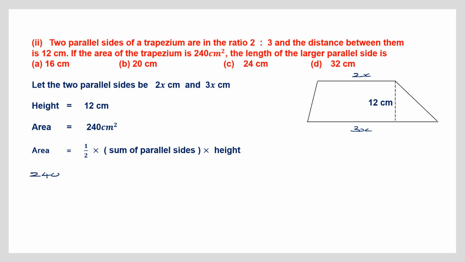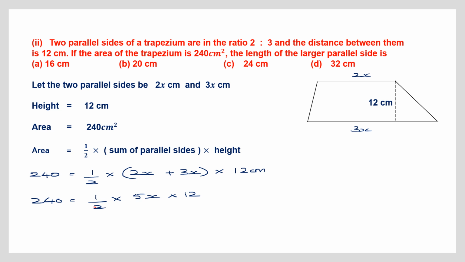So 240 is equal to 1 by 2 into sum of the parallel sides. We said the parallel sides will be 2x centimeters and 3x. So we will add this up. 2x plus 3x into the height, which is 12 centimeters given to us. Now let's simplify. 240 equals 1 by 2 into 2x plus 3x is 5x into 12 centimeters.